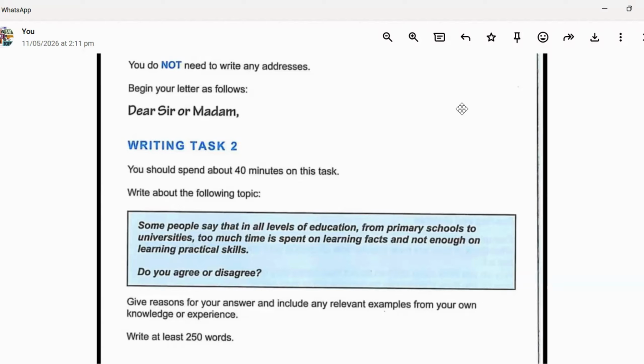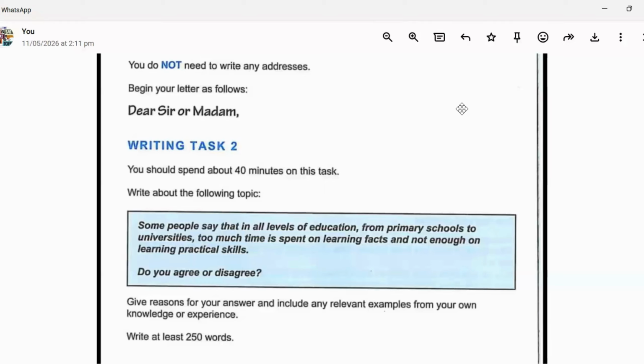Do you agree or disagree? There's a further instruction here: give reasons for your answer and include any relevant examples from your own knowledge or experience. Write at least 250 words.